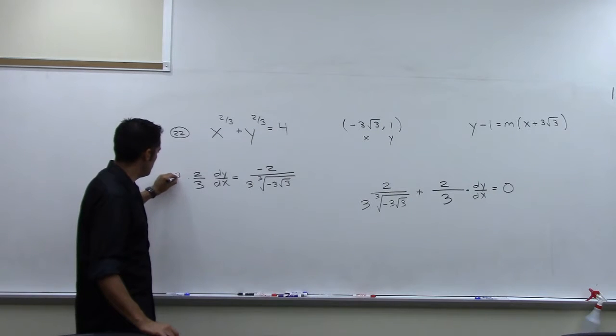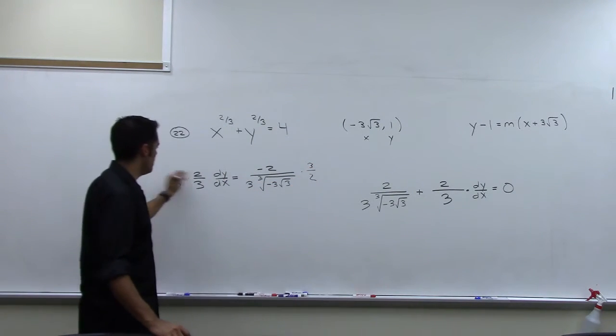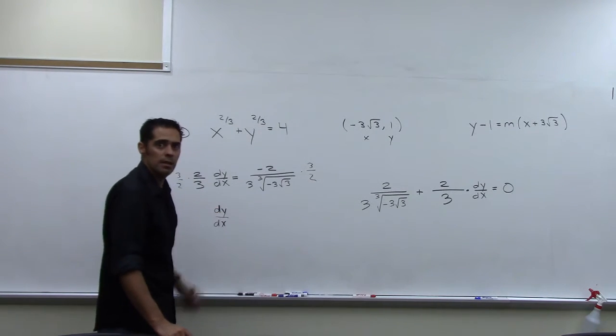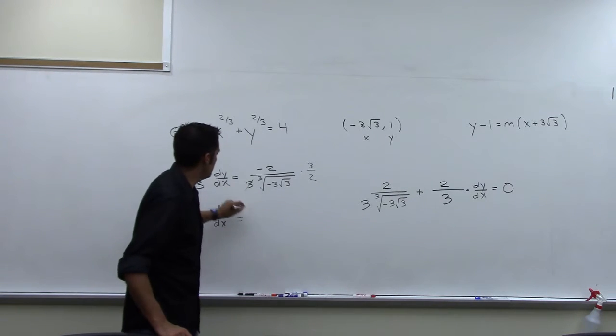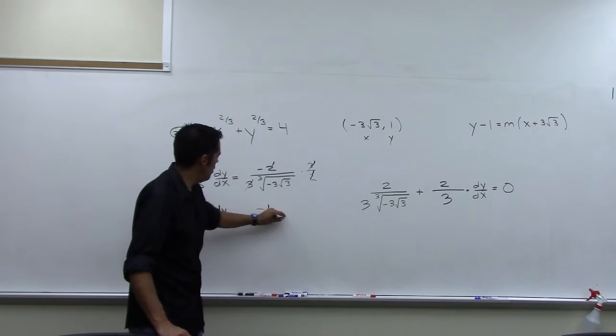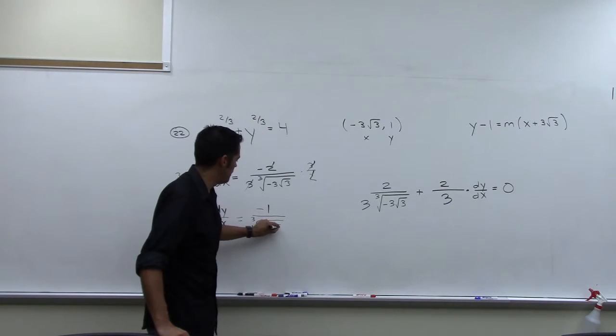I'm going to multiply by 3/2 and multiply by 3/2 like that, so that this right here will just become a 1, and we get dy/dx is equal to, and then over here the 3 cancels with this 3 and the 2 and the 2, so I have negative 1 over the cube root of negative 3 root 3.